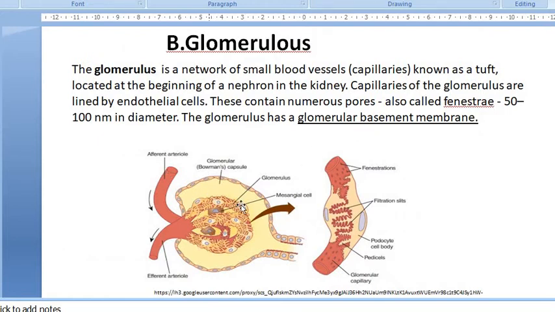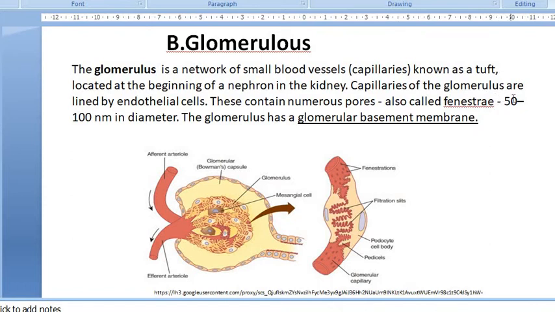Let us learn about the inner structure of the Bowman's capsule, which contains the glomerulus, a network of small blood vessels or capillaries known as a tuft or glomerular tuft, located at the beginning of the nephron of the kidney.